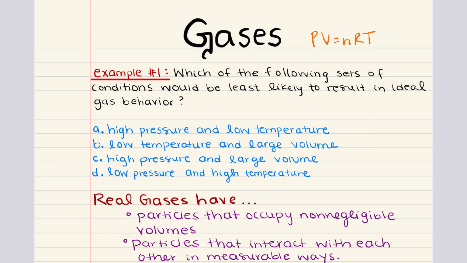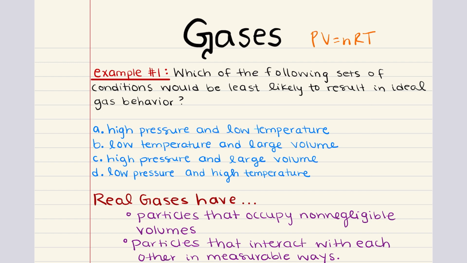Let's conceptually work through deviations due to pressure and deviations due to temperature so that we better understand the statements we just made. The first statement was that real gases deviate from ideal gas behavior at high pressure. Why is this true? Well, as the pressure of a gas increases, the particles are pushed closer and closer together.